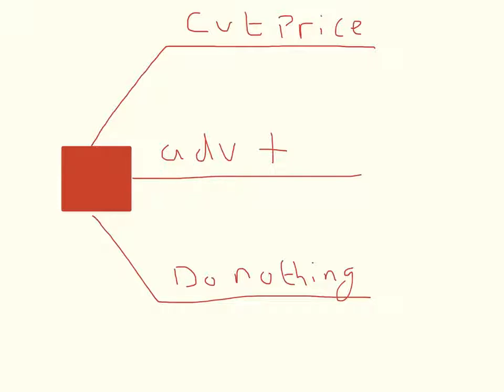These outcomes will be shown by a circle. The circles are at the end of the lines, and then the outcomes will come from there.